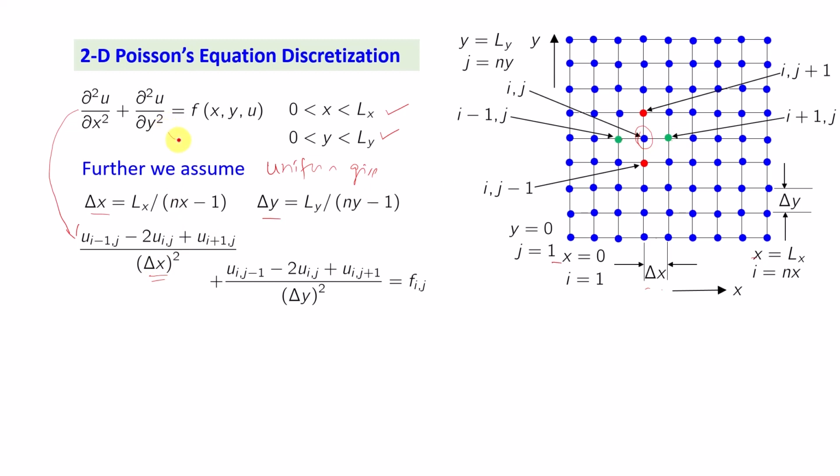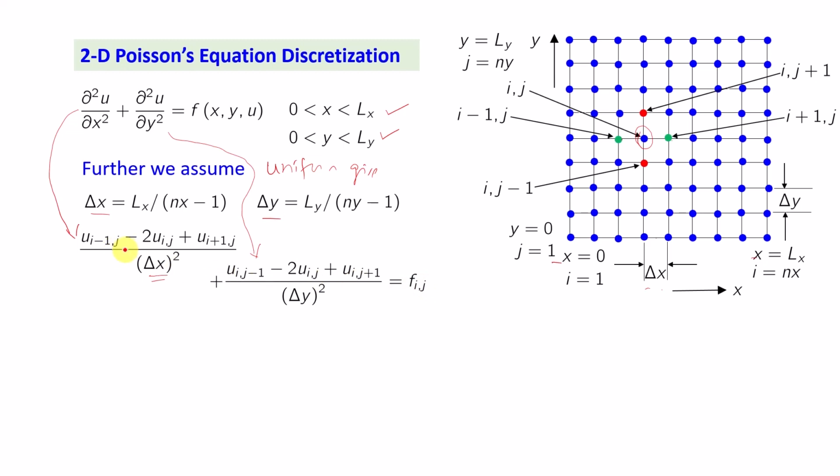Similarly, del 2 u del y2 comes as u i, j minus 1, the point just below our point of interest, minus twice the point itself u i j, the center point, plus u i, j plus 1, the point above i j, divided by delta y square, equal to, in general, f i j, because f can vary from point to point. Of course, in this nuclear rod problem this becomes minus 1, but in general it can vary.